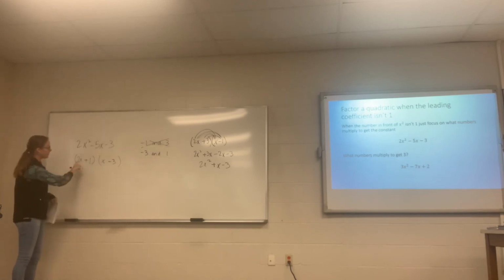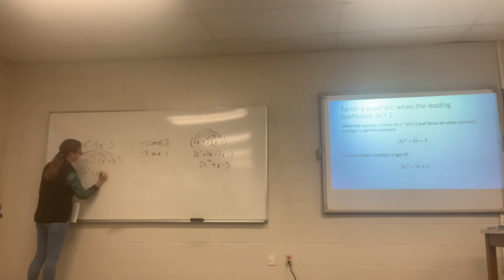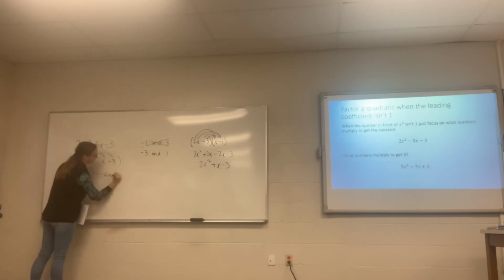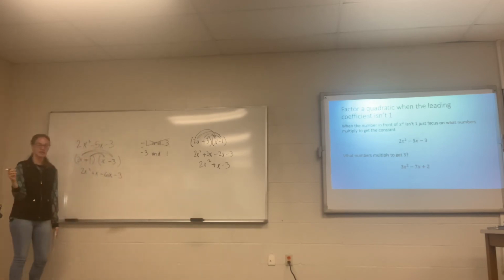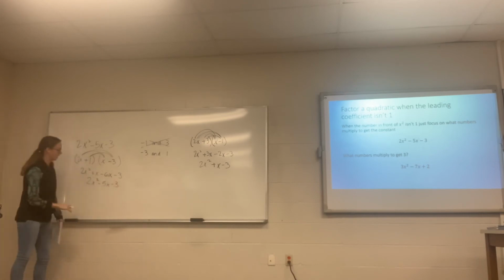Then if I take 2x times x, I'd have 2x squared. Then 1 times x gives me x. 2x times -3 gives me -6x. And then 1 times -3 is going to give me -3. So now if I combine these, I have 2x squared minus 5x minus 3.